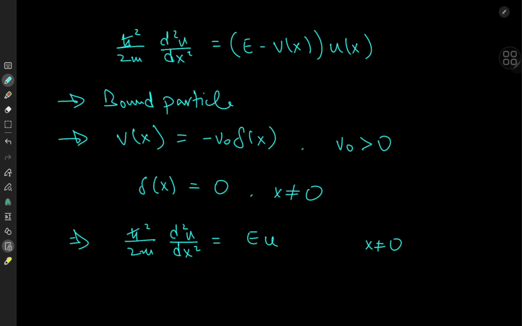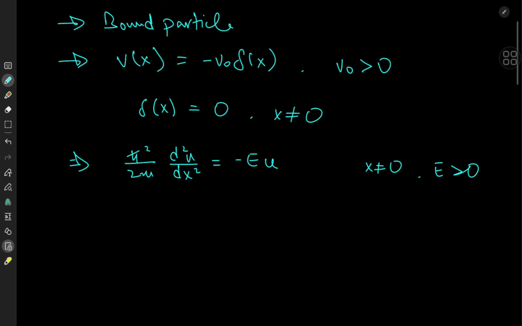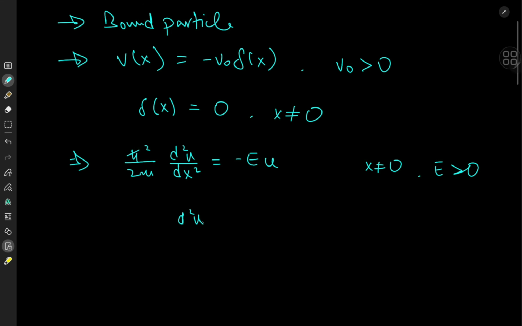And because we're talking about a bound particle, I'm going to introduce a negative sign on the right and of course specify that E here is a positive real number. So this looks like a pretty straightforward differential equation. I mean, we could write it as d squared u over dx squared equal to 2mE over h bar squared, negative sign, times u.